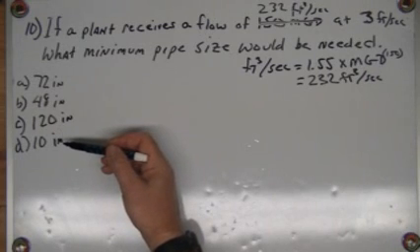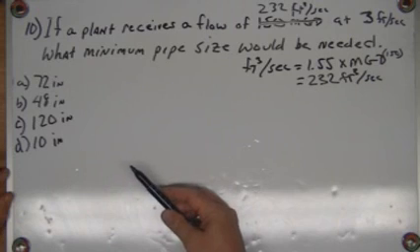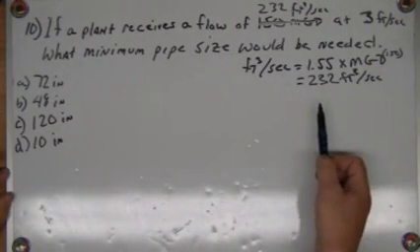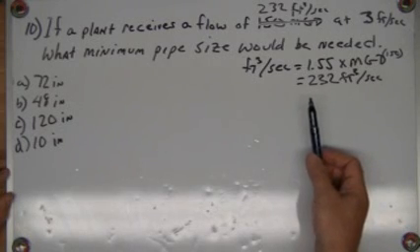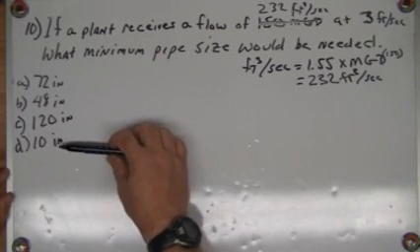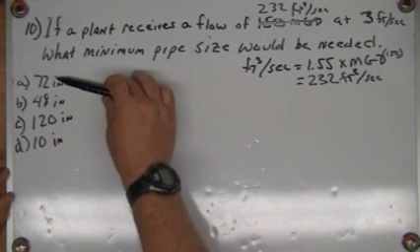When they put these problems together, they're looking for mistakes that you're likely to make. And one mistake you're likely to make is to figure out this sewer diameter in feet and then forget to convert it to inches, and you're going to see the feet over here. So here's what we have: 10 inches, 120 inches, 48, and 72.